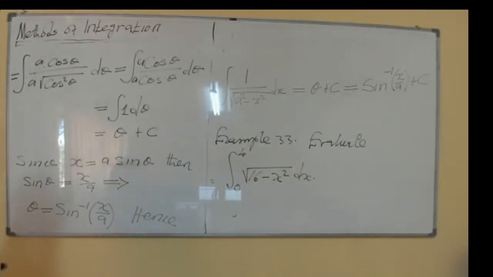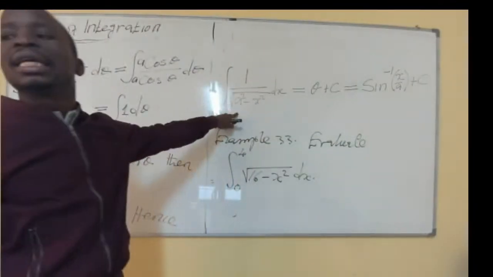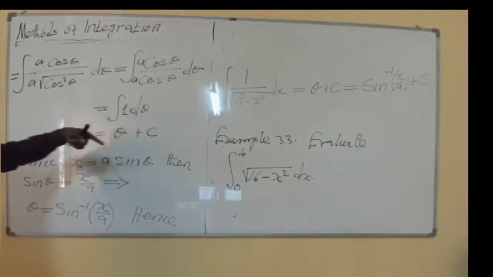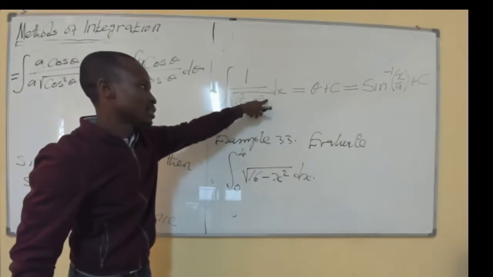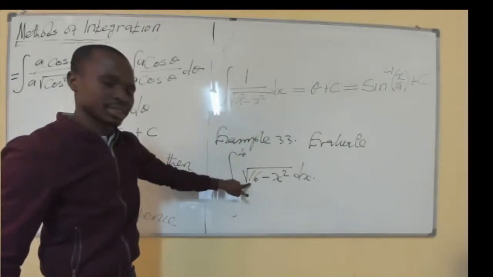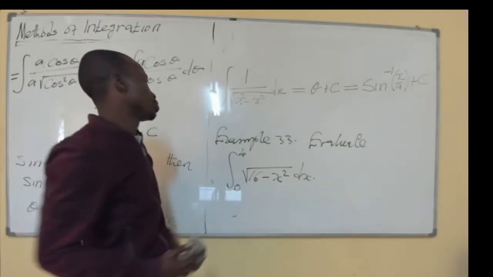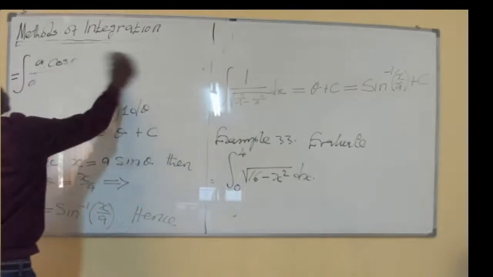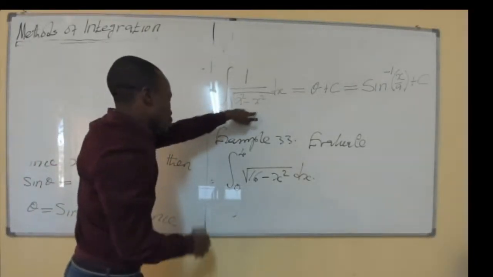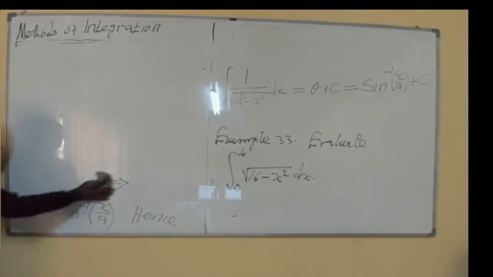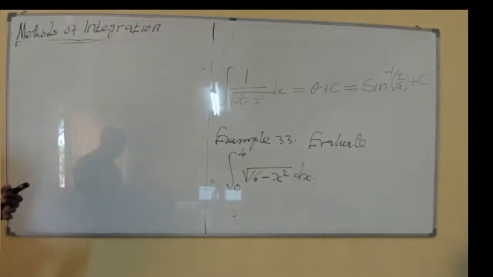Basically, this is the general form, the square root of a squared minus x squared, where a squared is equal to 16. The x squared is the same. So in this scenario, you need to make sure that you rewrite it so that it looks similar to what we have been given in the general form.